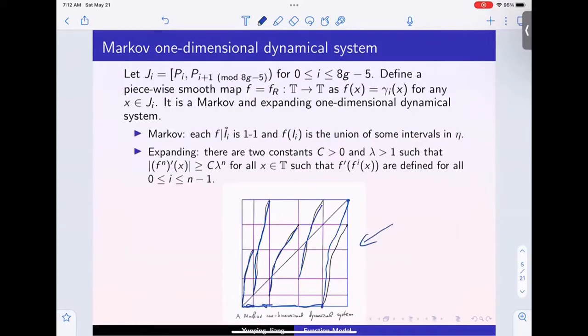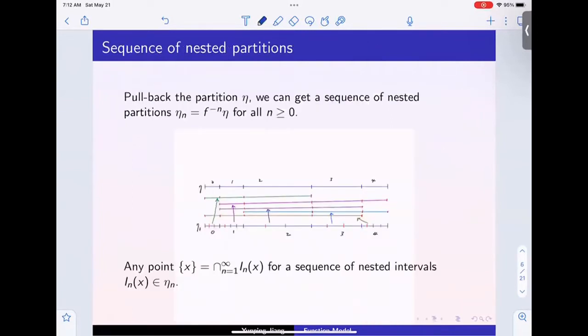So you have this Markov expanding property now. The point is the Markov property will give you the pullback. You get a nested sequence of partitions, right? That's eta_1.